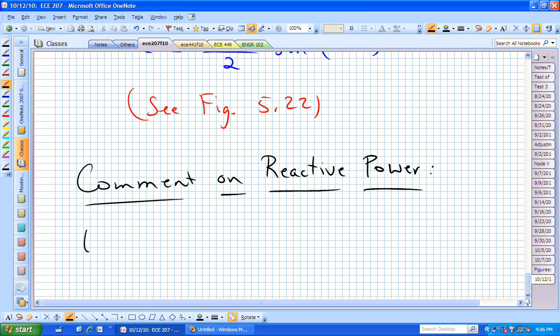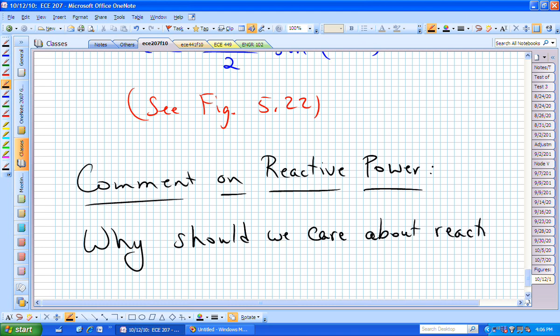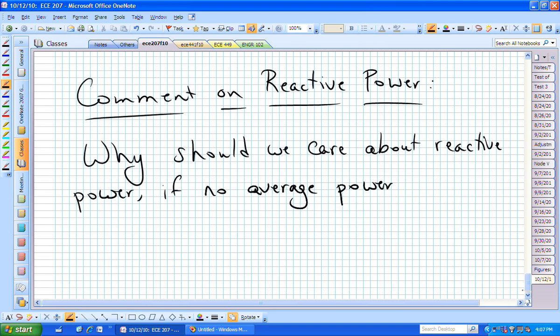And you might say, why should we care about reactive power if there's no average power in a pure element? And what is average power? That's what you see on your power bill. That's the real power. That's the watts that you get charged for from the power company. That's your real power.